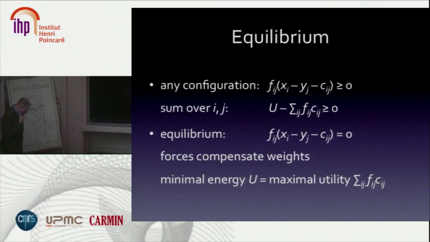Now, this quantity can be seen as a utility corresponding to a certain distribution of forces in which part of the buoyancy of j's lower bar, precisely Fij, is transferred to compensate the corresponding part of the weight of the upper bar i, and Cij is the weight associated to this force.